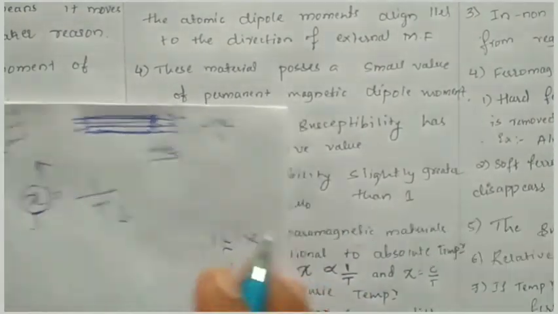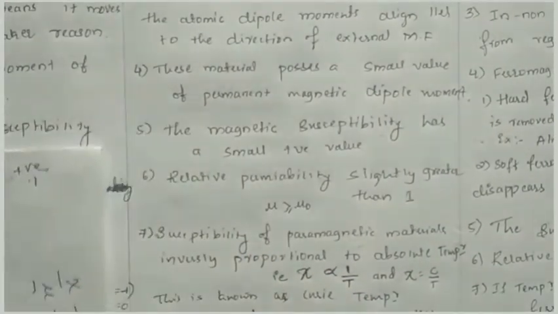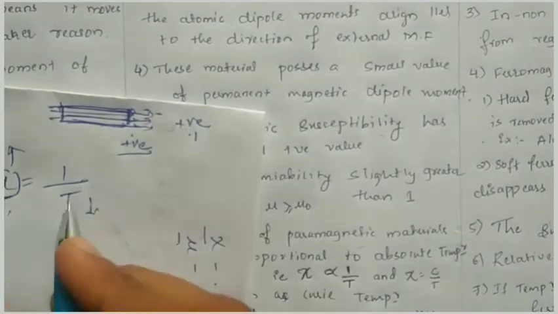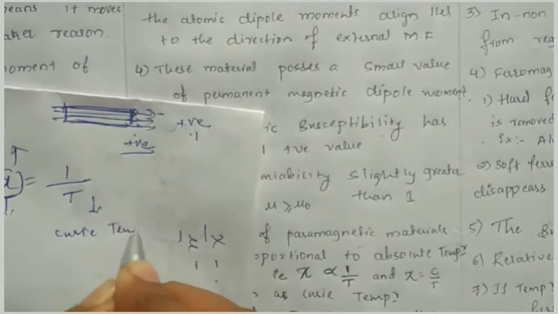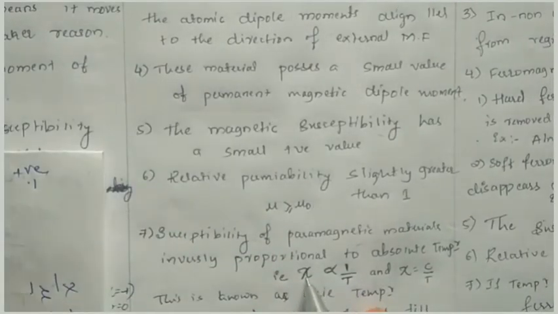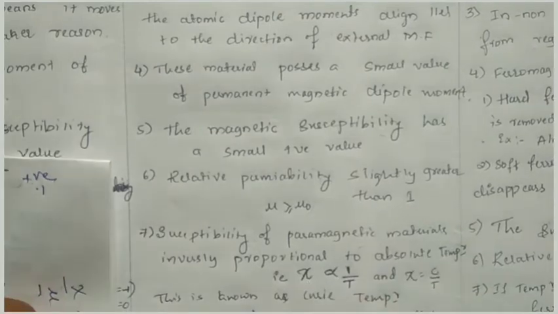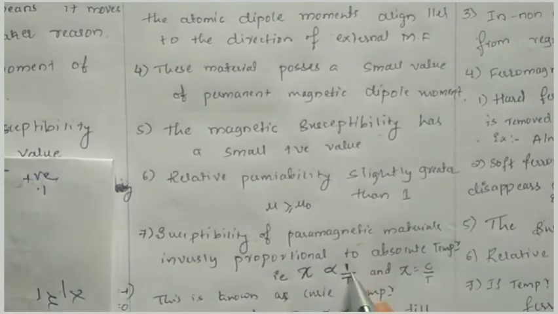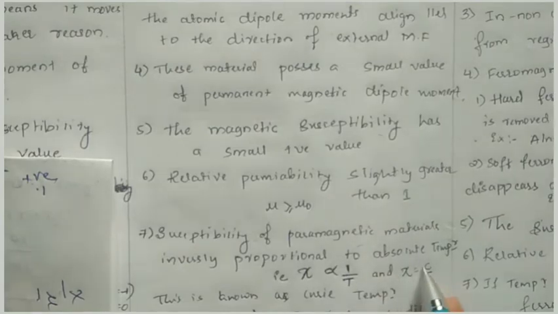This law is called the Curie law. Here I have written that the susceptibility is directly proportional to 1 by T, so chi equals C by T.